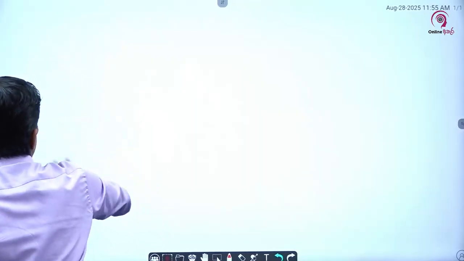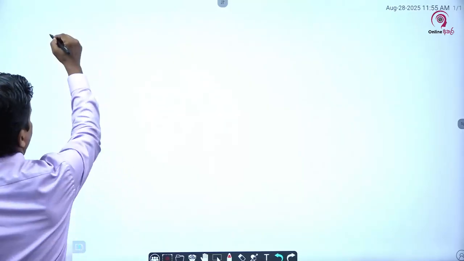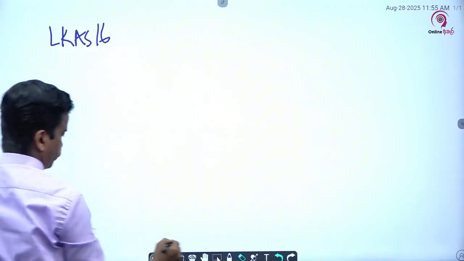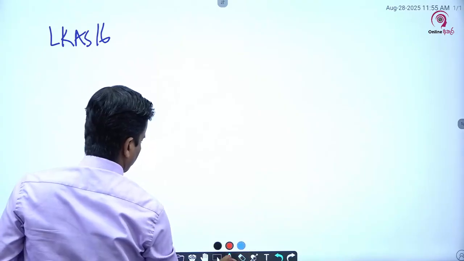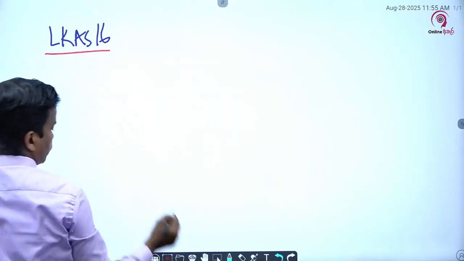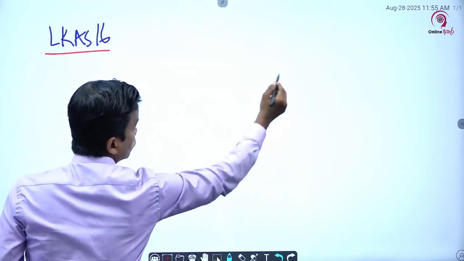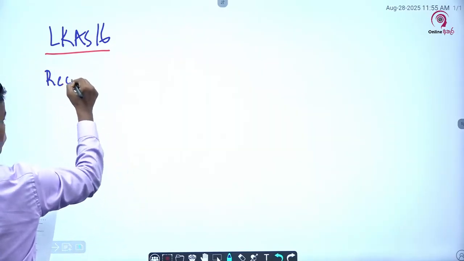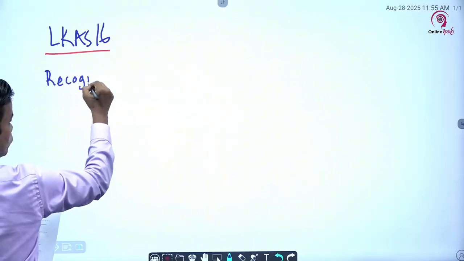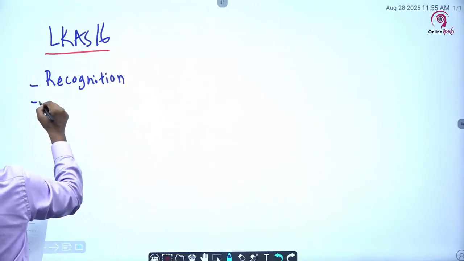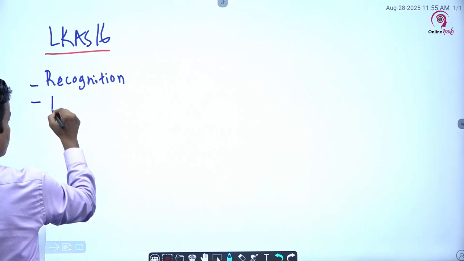So our lineup for LKS 16 is basically, let me first take the lineup, then it's easy for us to discuss. Right. So firstly, recognition. Secondly, initial measurement.